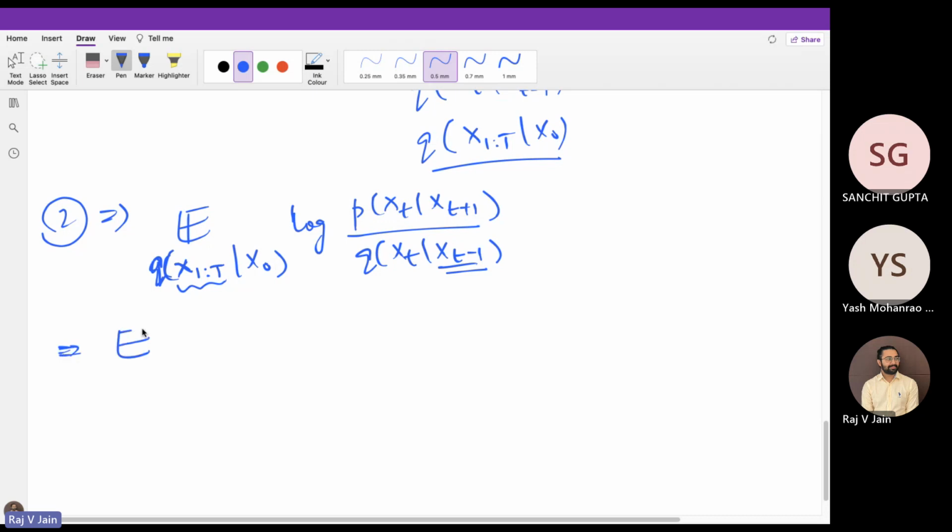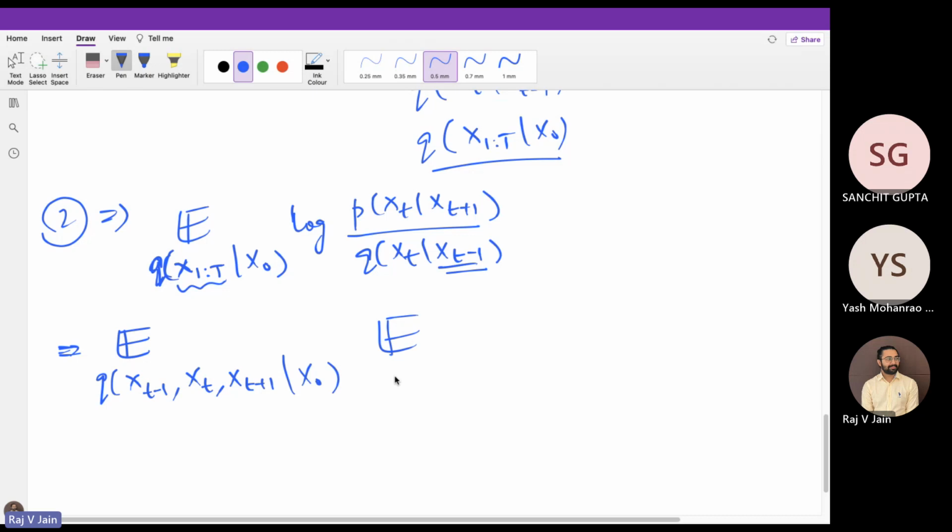Let's look at that. So basically what will end up happening is you will write this as q of xt given xt minus 1, xt minus 1 comma xt plus 1, given x naught.